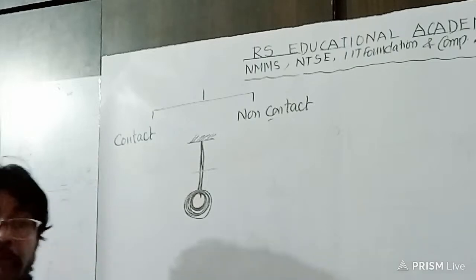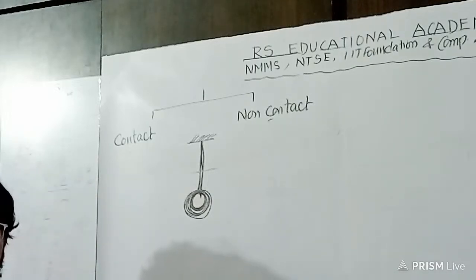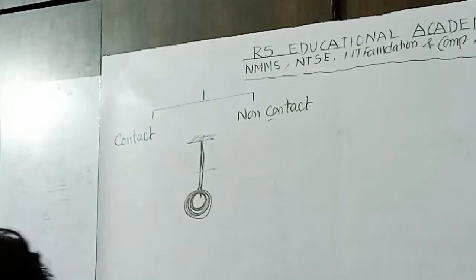Understand? If the tension increases and it cannot control, then it cuts or breaks at a point and the ball falls down. That is called tensional force.